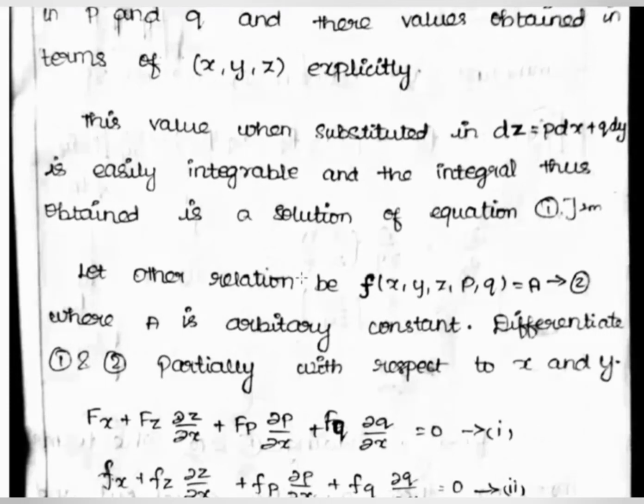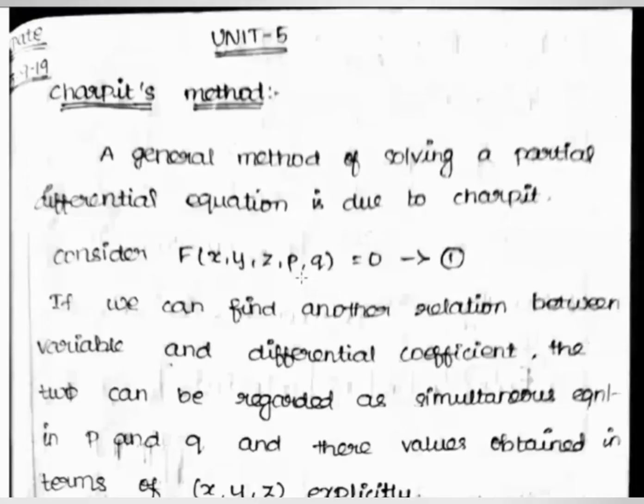For the first equation, differentiate with respect to x. For partial differentiation, if it is differentiation with respect to one variable, keep the other variable constant. So y is constant here, and differentiating y with respect to x is 0. The second term is not there, and the third term is fz into dou z by dou x, and you write fp into dou p by dou x and fq into dou q by dou x.